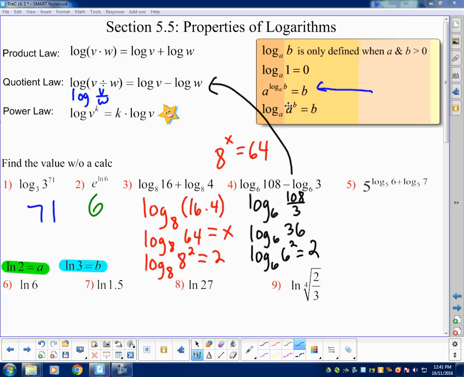And so 5 to the log base 5 of 6 is going to equal 6. This whole piece will equal just 6. Plus log base 5 of 7. Well, here we have 6 plus log base 5 of 7.